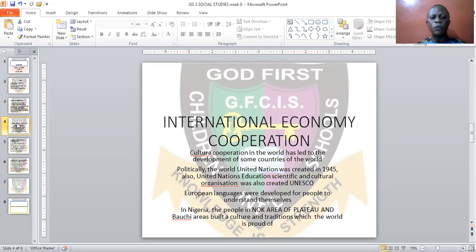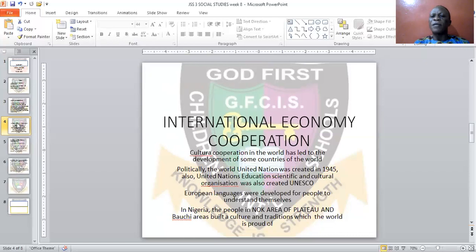If you go to Plateau, the Jos side, you see different kinds of cultural artwork or traditions which they built for themselves. Some tourists always go there to do what? To see for themselves.